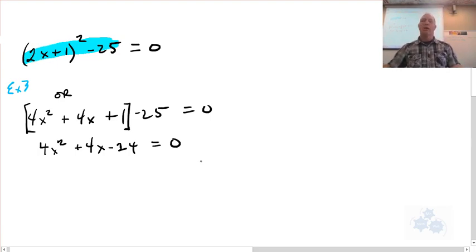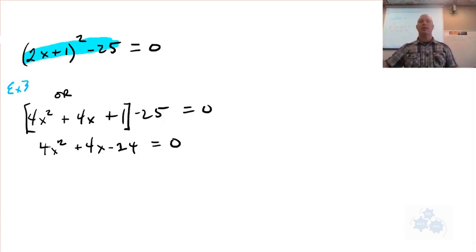This is something we looked at last chapter as well. Again, we can't isolate for x here because x is in two different terms. It's squared in one and not in the other, so we can't combine those.